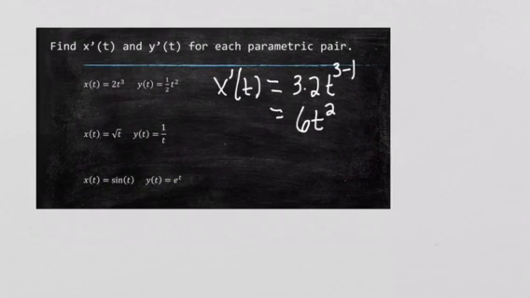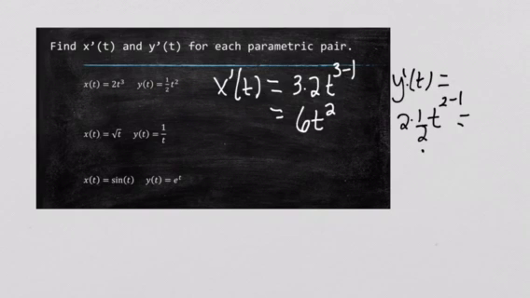Our y prime t equals, so we're going to do 2 times 1/2 times t to the 2 minus 1, which is going to be equal to t to the first power, which is just t. So y prime t is equal to t, x prime t is 6t squared.